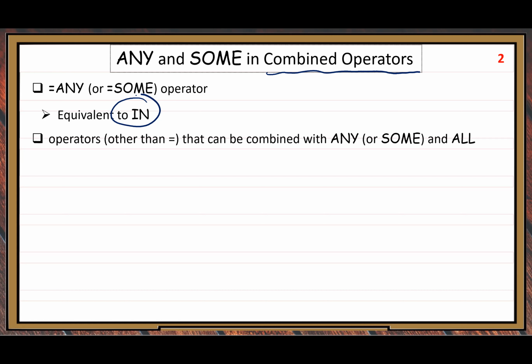But there are other combinations we can consider. Operators other than equal: you have greater than, less than. You can use them in the combined operator way. That can be combined with any or some and all.